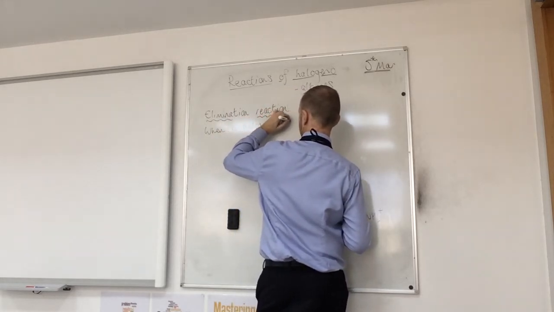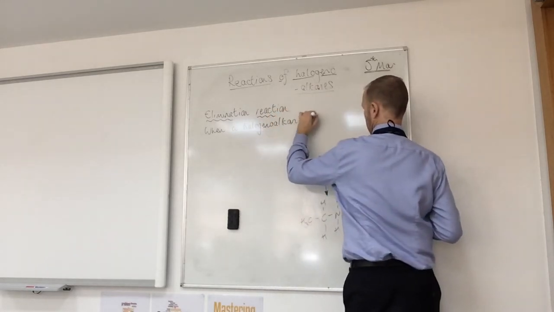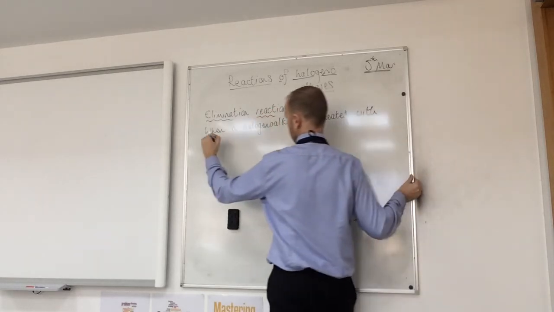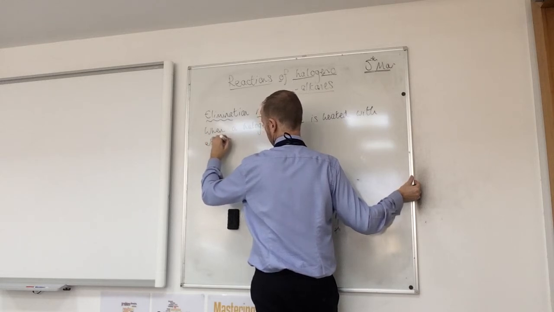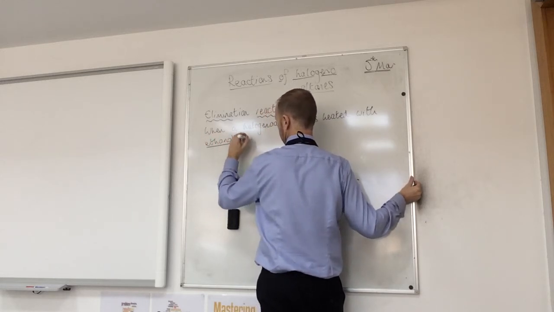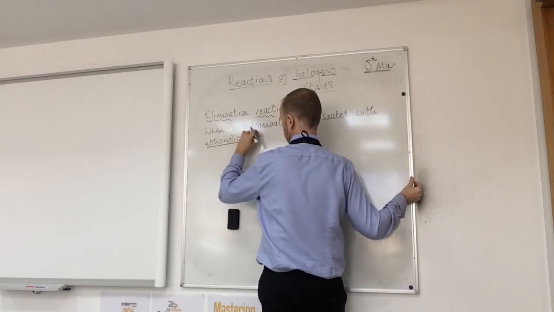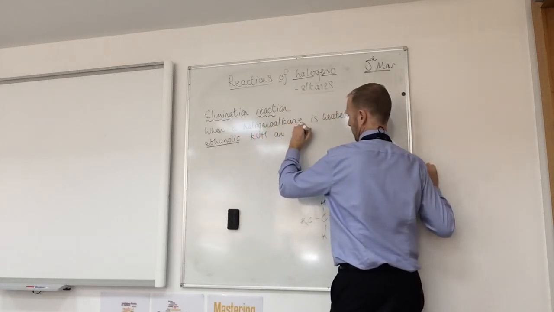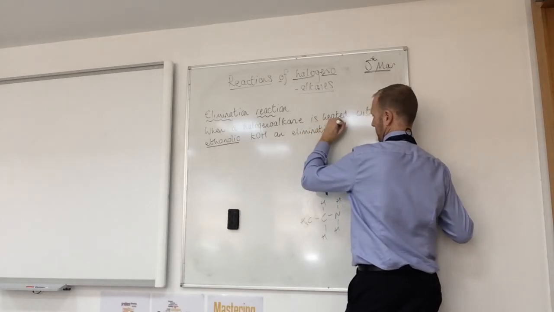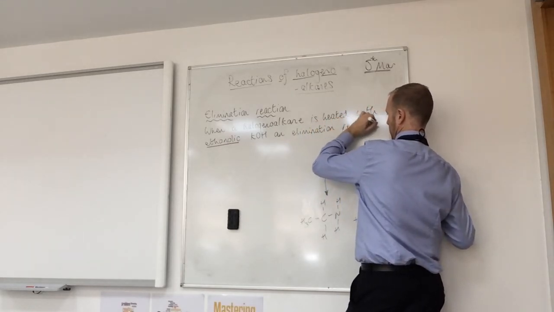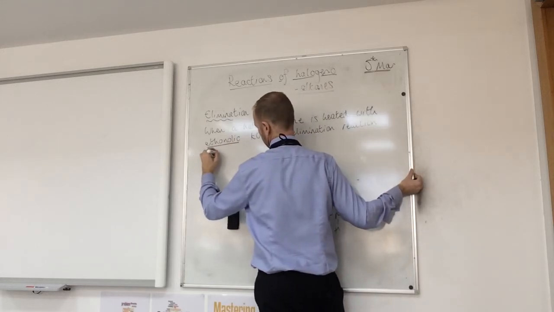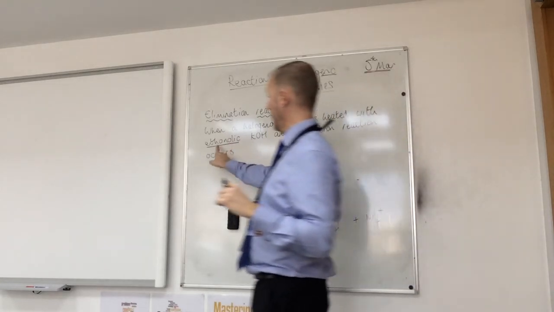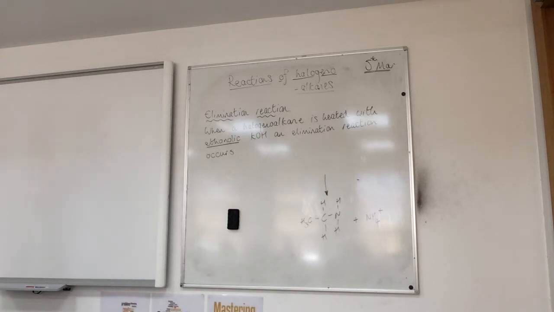So, when we get a halogenoalkane and we heat it with ethanolic potassium hydroxide, what do you think I mean by ethanolic?